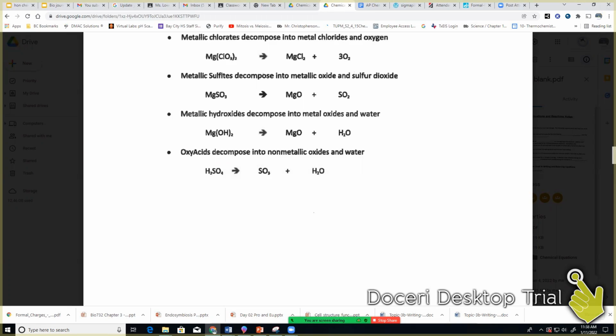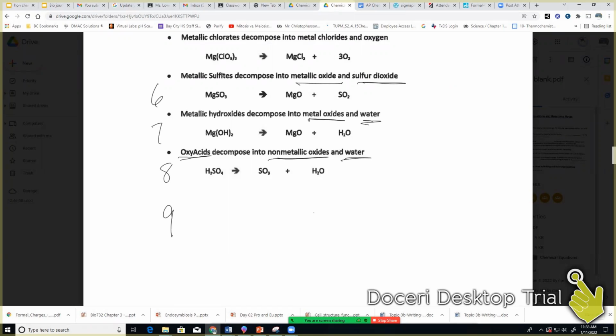A metallic sulfite is always going to break down into a metallic oxide, and then I have sulfur dioxide left out of that. Next one, metallic hydroxide. When that decomposes, it breaks back down into the metal oxide and water. And then my oxy acids decompose into a non-metal oxide and water.